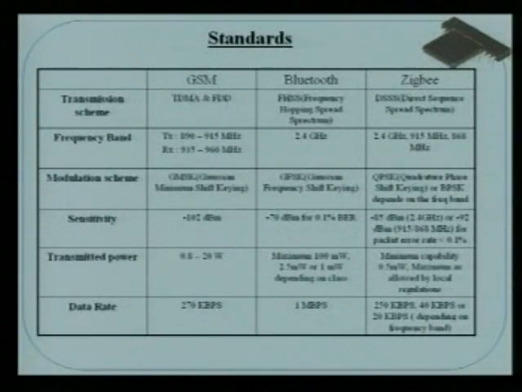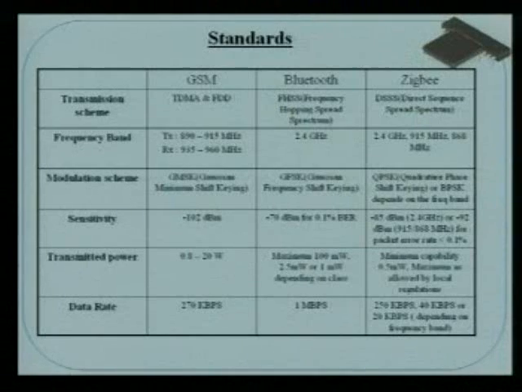Then there are different kinds of protocols and standards like GSM, Bluetooth and ZigBee. Bluetooth you know already, but ZigBee is a technology which is recently being adopted for sensor applications and for networking, because in Bluetooth you cannot have a network. It is one-to-one, but for networking this kind of protocol, 802.15.4, has three distinct frequency bands: 2.4 gigahertz, 915 megahertz, and 868 megahertz.